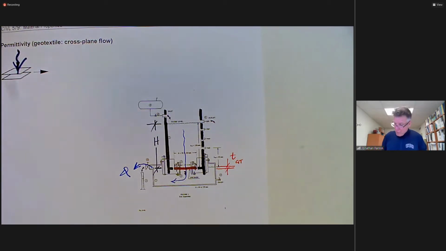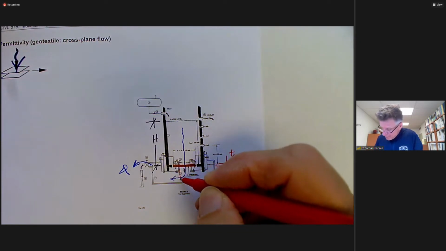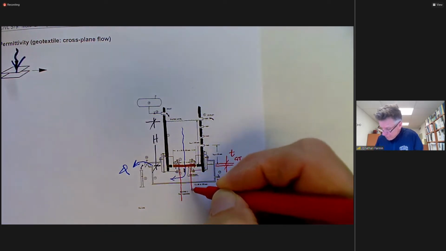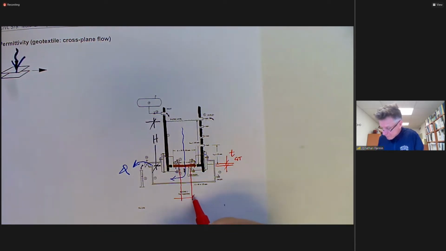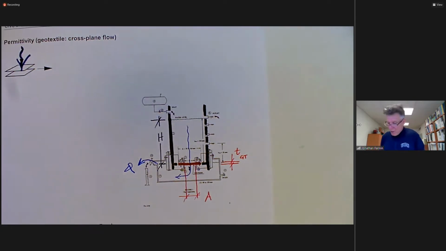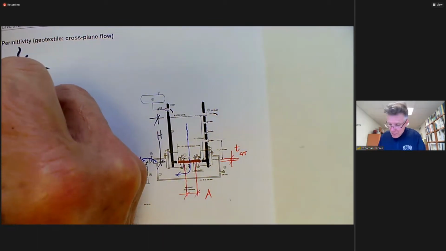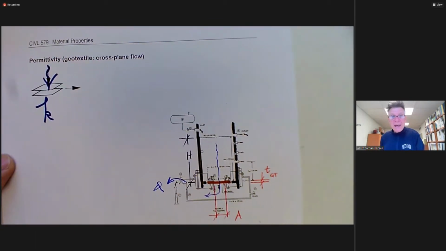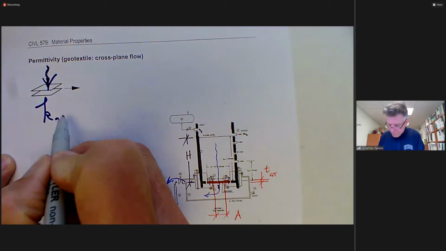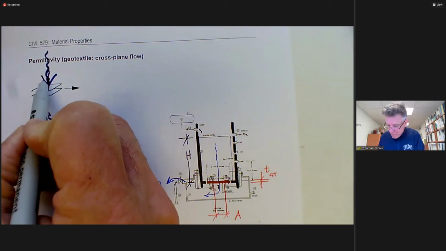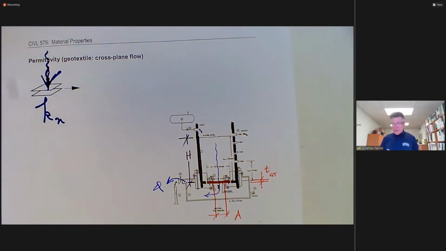And then knowing the cross-sectional area of the test specimen, that's actually going to be through the orifice here, we pretty well have everything that we need to determine a hydraulic conductivity normal to the plane of the specimen. So let's look at this as a Kn, a conductivity normal to the geotextile.